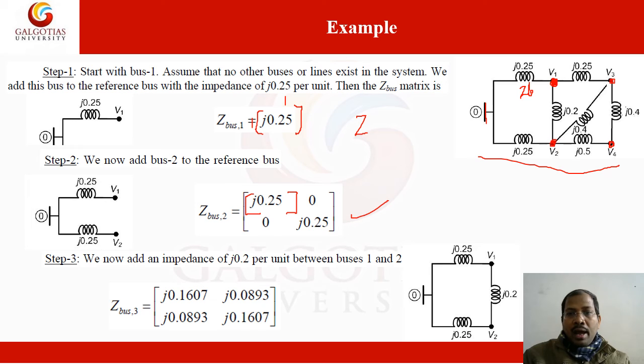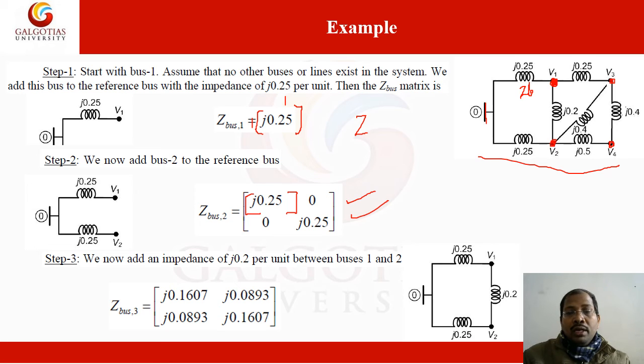Now we are adding an impedance or a transmission line between buses V1 and V2. So here we have to modify the elements of Z bus 2. The order we are getting is the same.